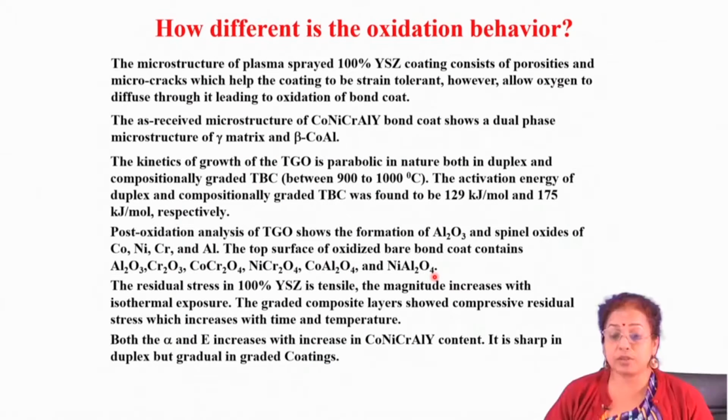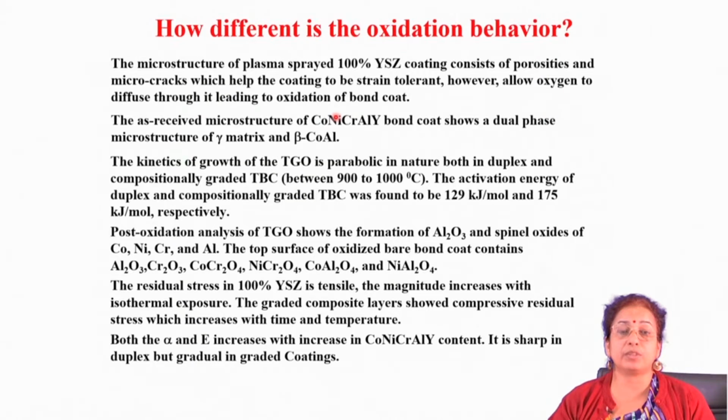So, the notable conclusions of that work were that the microstructure of the 100% YSZ coating consists of porosities and micro cracks, which help the coating to be strain tolerant. However, the oxygen ingress is there, which leads to oxidation of the bond coat.